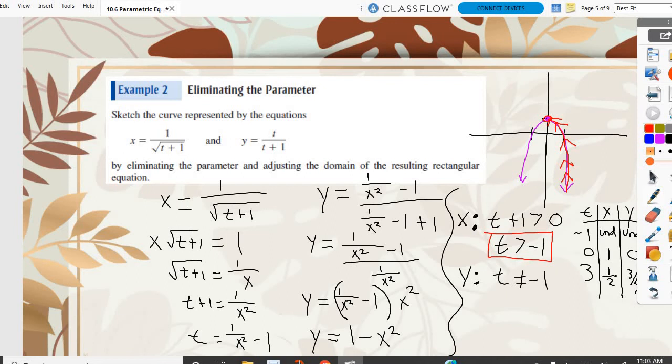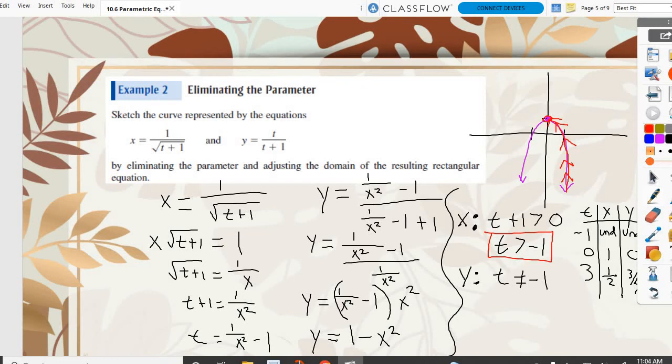Yes? Do we see that as my t values get bigger, my overall x value gets smaller, and it specifically gets closer and closer to 0? And remember that our direction goes from smallest to biggest. So if my bigger t values are putting me closer to x equals 0, I know that I'm going to the left. Okay.